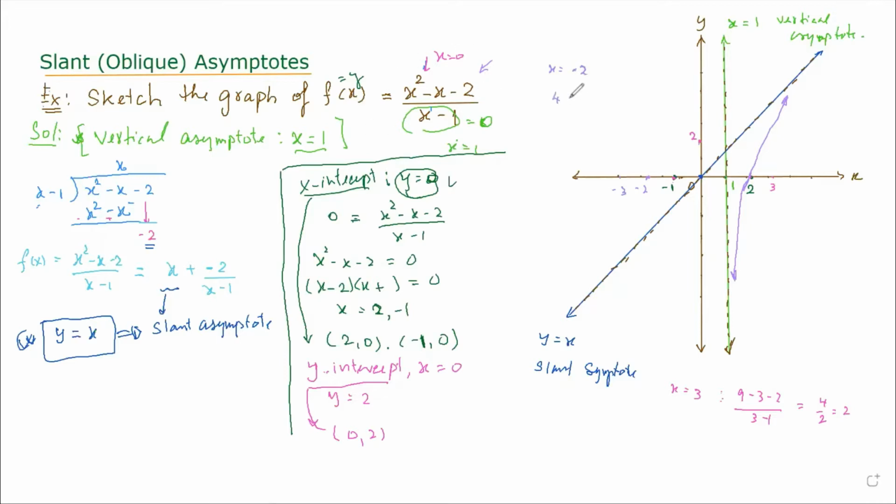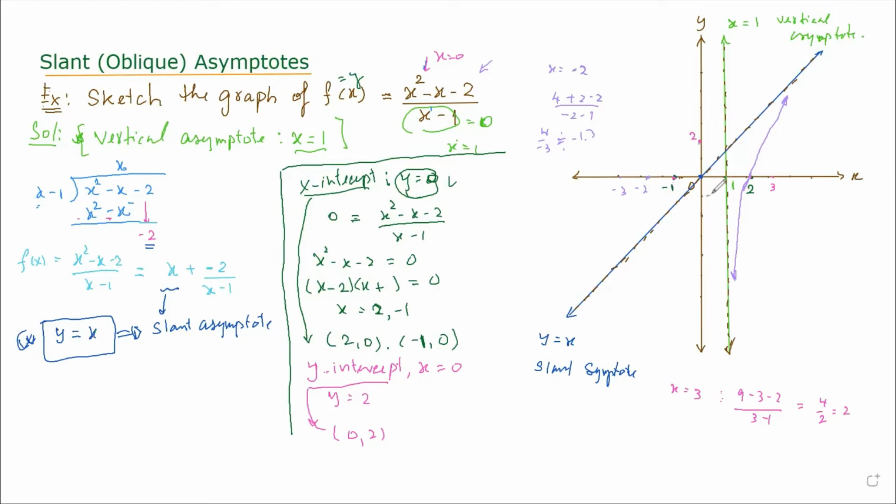So it becomes 4 plus 2 minus 2 over -2 minus 1. So this one is gone. So you are left with 4 over -3. So it should be minus 1 point something, 1.3 something, approximately.